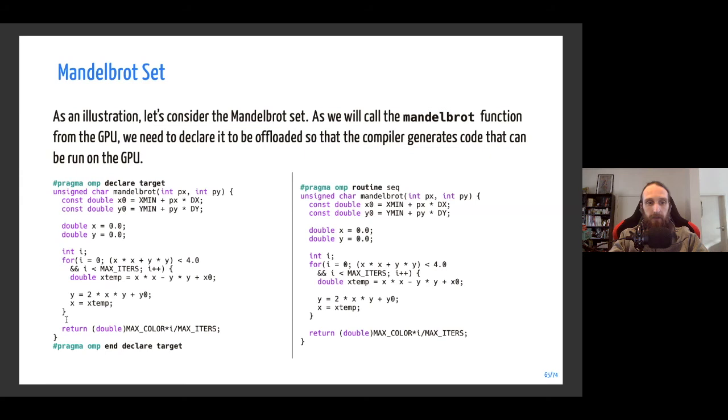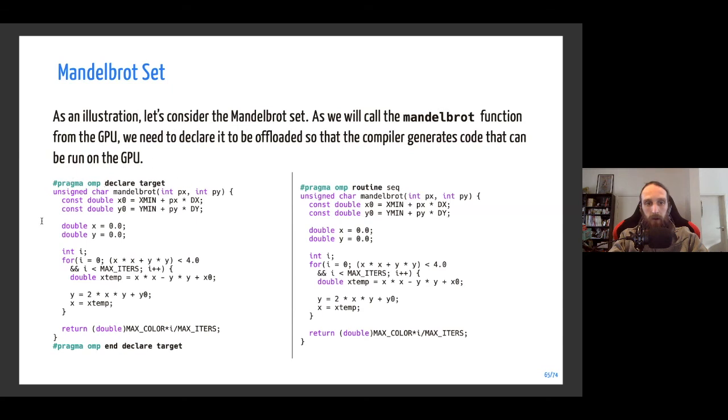So this is the basic function that we will be using, and this function, we want to use it on the GPU. Oh, I made a mistake there. So in order to have a function that is available on the GPU, we will use the OpenMP declare target.